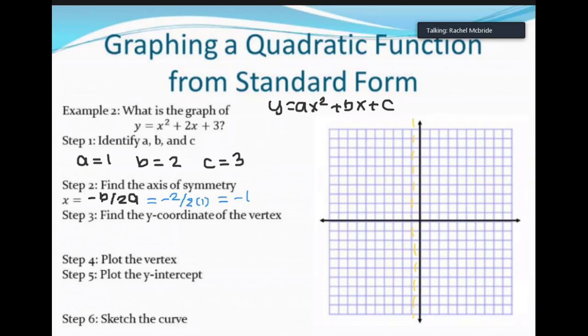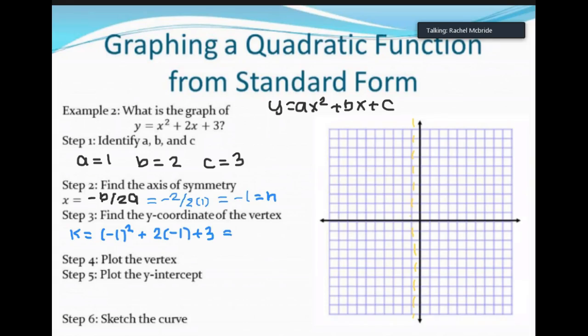The y-coordinate of the vertex comes from plugging the axis of symmetry, or our h from last week, into the function. So I need to find the y-coordinate, or the k value, by plugging negative 1 into x, and simplifying.